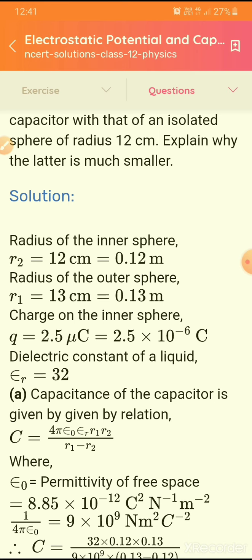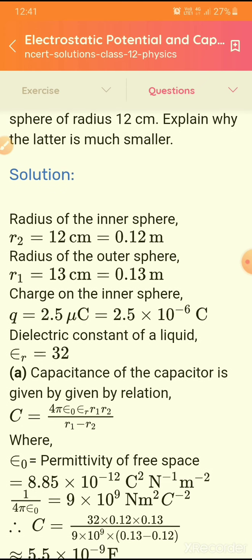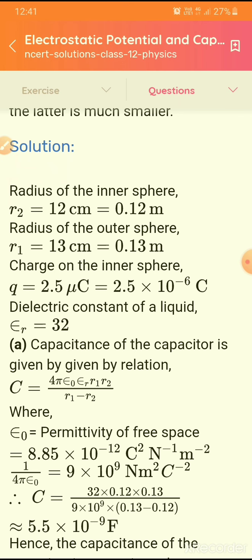If we convert it into coulomb, it is 2.5 into 10 to the power of minus 6 coulomb. Epsilon r, the dielectric constant of the liquid, is equal to 32.